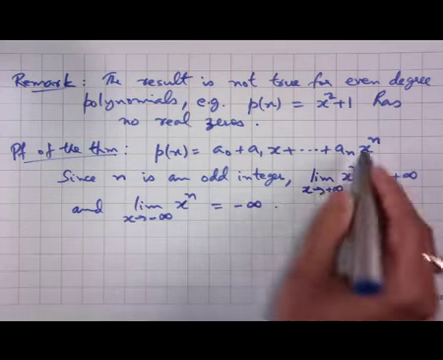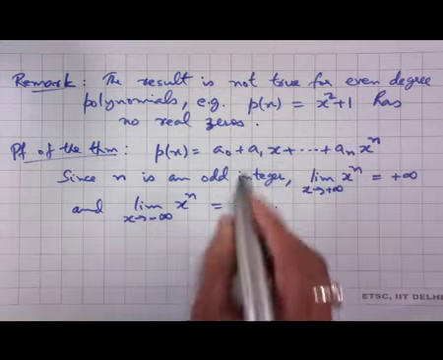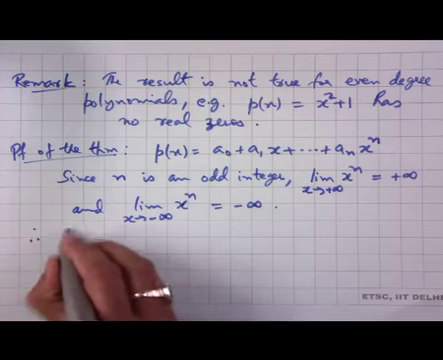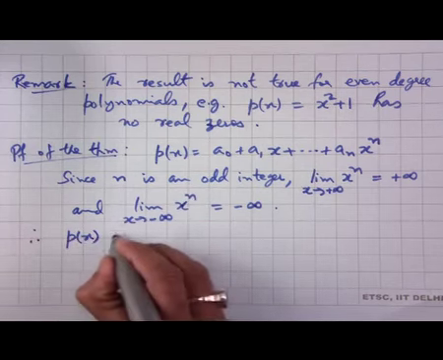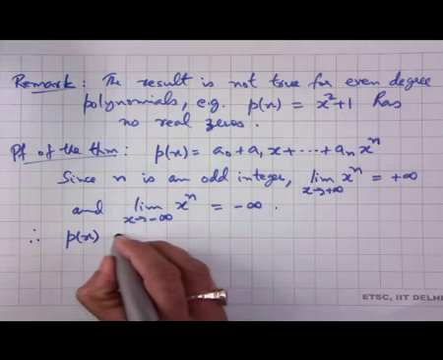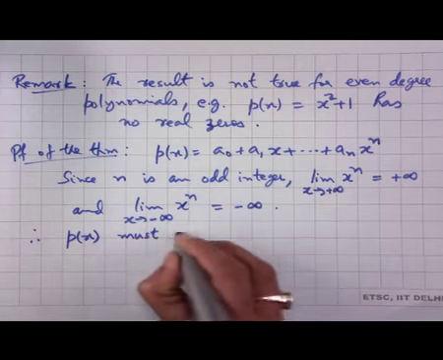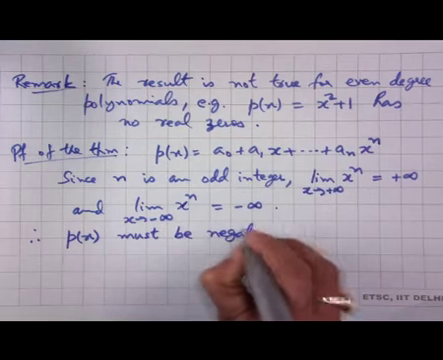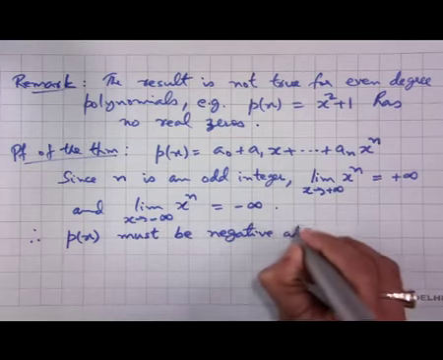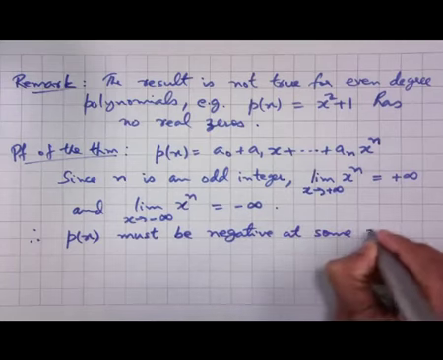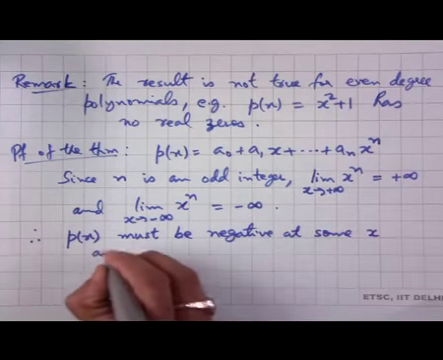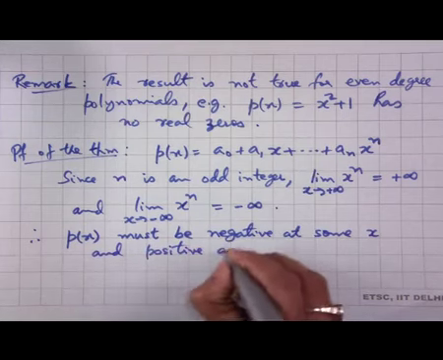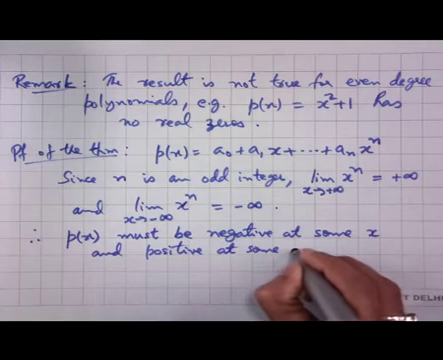So, therefore, if we look at this polynomial, p of x must be negative at some x and positive at some other x.